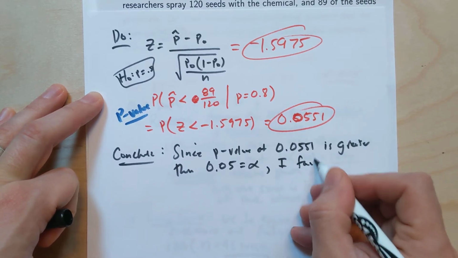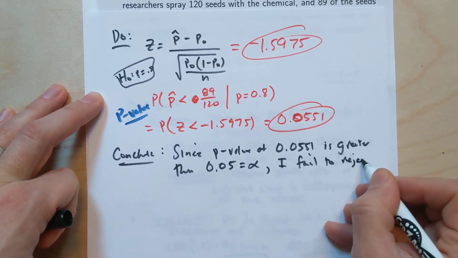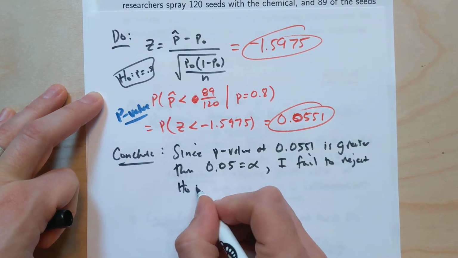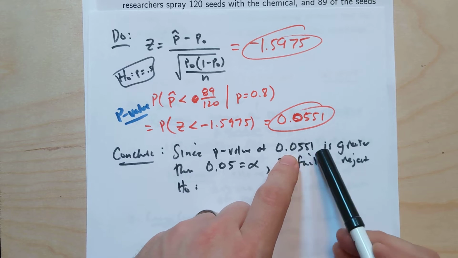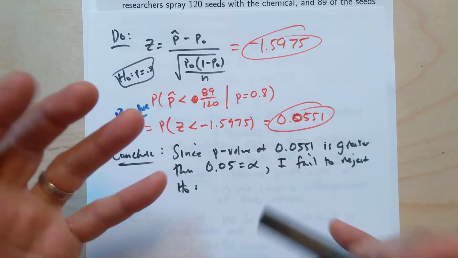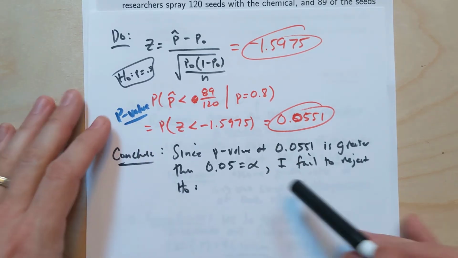I fail to reject the null hypothesis, H0, which is a little sad. It was actually really, really close. 5.5% versus 5%. Oh my gosh, I was so close to rejecting. But no, I did not have significant evidence.